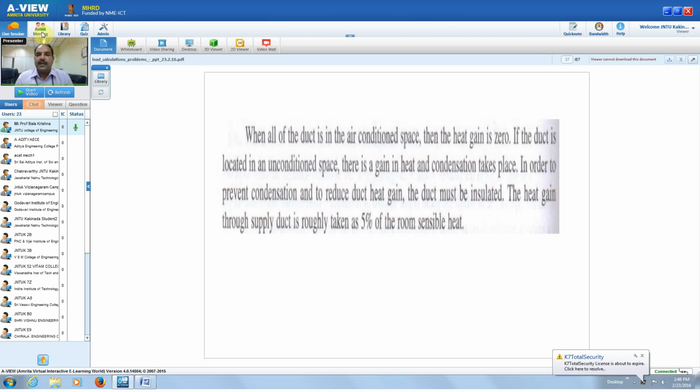Then after that, it enters into the room. That's why when all the duct is in the air conditioned space, maybe the duct is passing through the inside of the room, then the heat gain is zero.